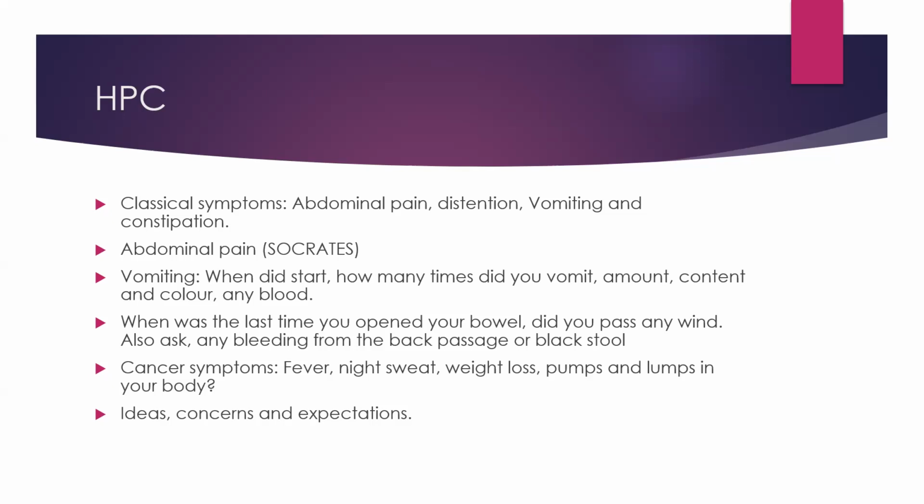For example, he tells you I have abdominal pain. You ask him anything else, he says no. Sometimes they say, what doctor, they don't make your life easy. If the pain is in the gastrointestinal system, we need to ask the symptoms related to it first: any abdominal distension, any vomiting, any constipation.